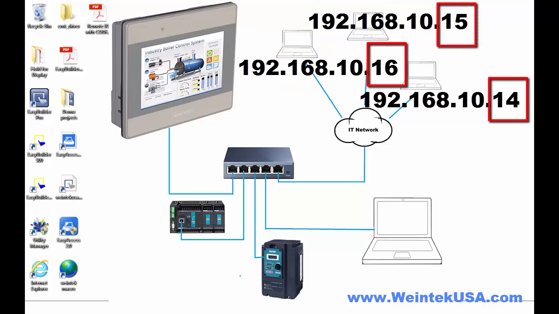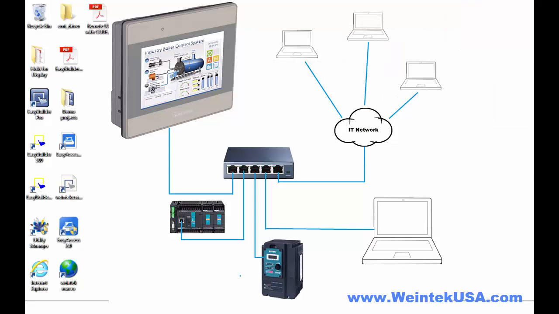That number needs to be different, and as a general rule you may want to avoid 1 because on most networks that is your gateway. Now there are some instances that we won't get into today, on some communication bus protocols, that require the same IP address but have a different station number.